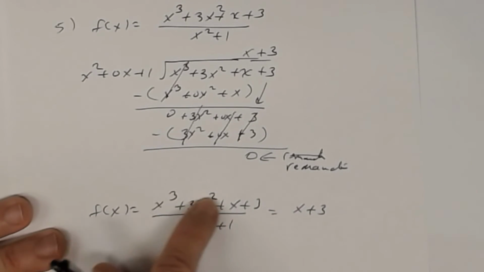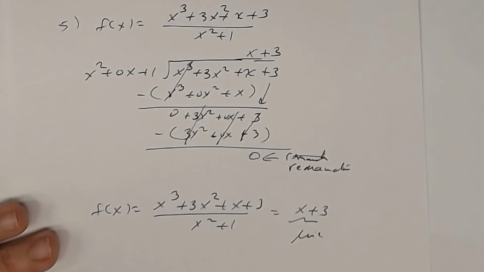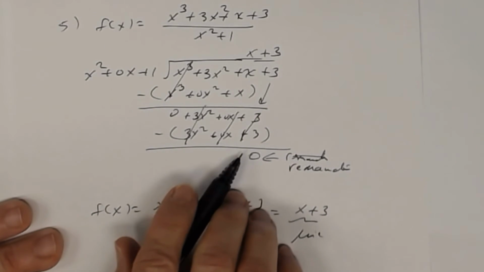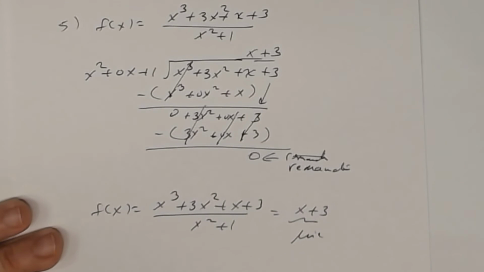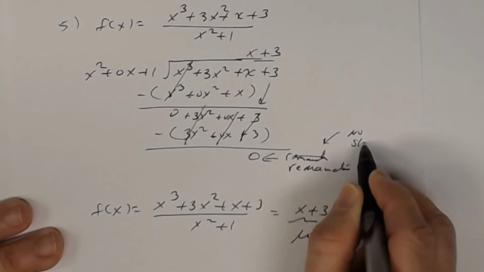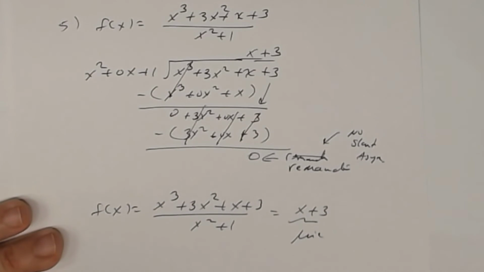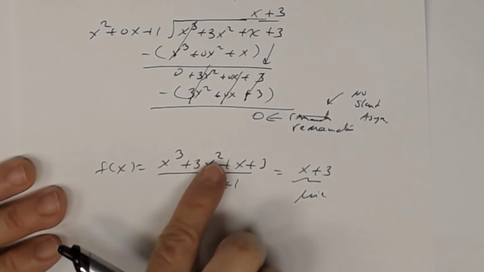That means that if I factor this numerator, the x squared plus 1's divide out. And so you have a line here. So there is no slant asymptote because the remainder was 0. The remainder is 0. So no slant asymptote.